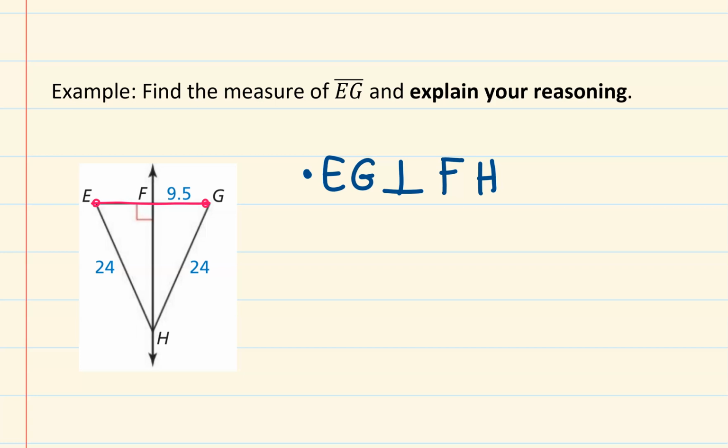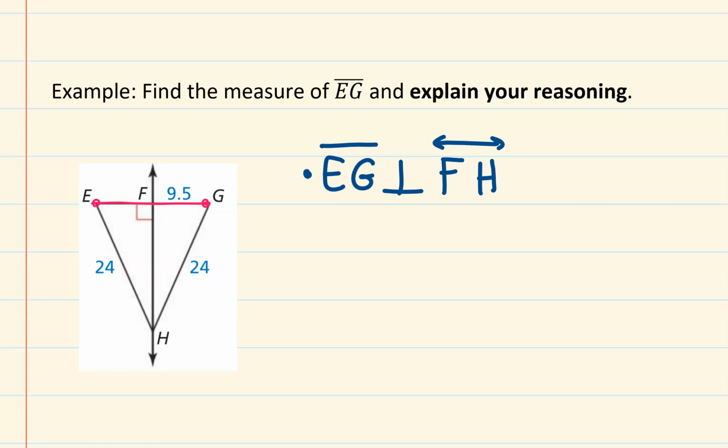I'm talking about the segment. The segment EG is perpendicular to the line FH. So since I'm talking about EG as a segment, I'm going to write segment above it. And since I'm talking about FH as a line, it gets a line including the arrows above it.